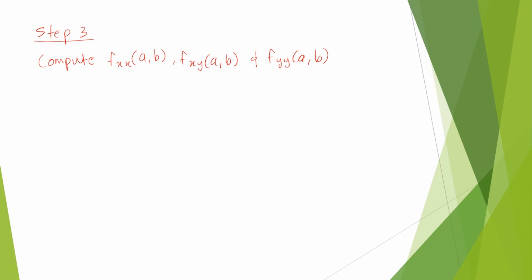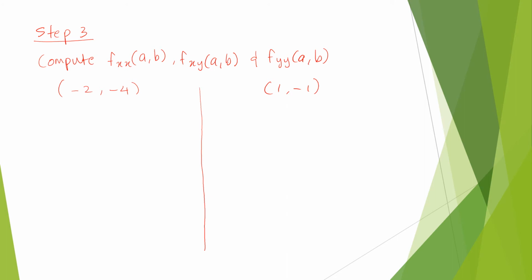So we have two critical points, so we just simply split into 2 here. The first one is -2, -4. The second one is 1, -1.